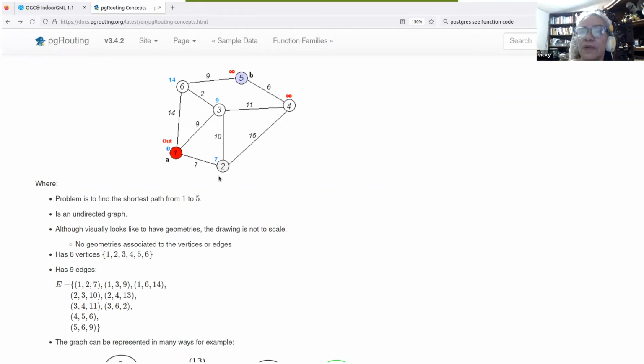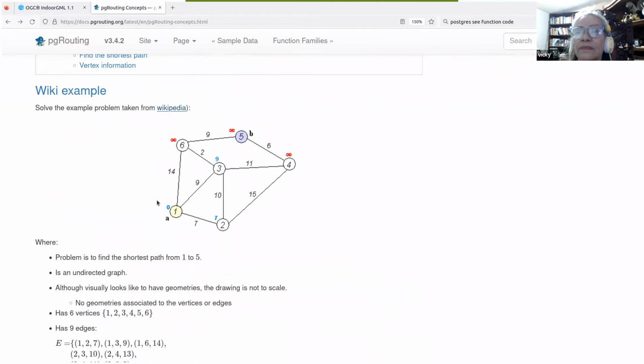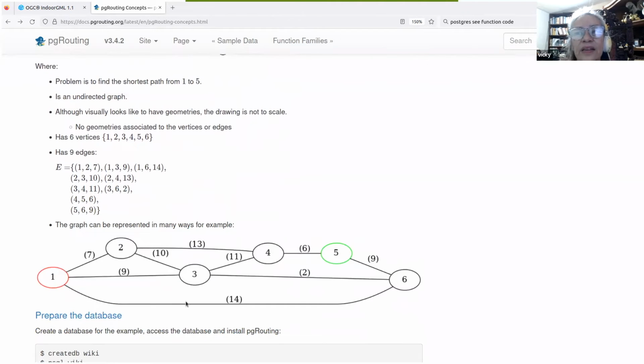This graph has 6 vertices, mainly 1 to 6, and has 9 edges. The set of edges are going to be from 1 to 2 and 7. Okay, so these edges are the ones that we want to represent in a table in the database. But if we compare this graph and this graph, it's exactly the same graph.